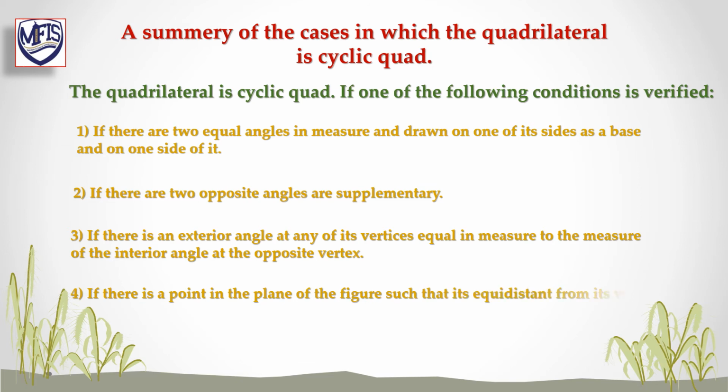The last condition: if there is a point in the plane of the figure that is equidistant from its vertices. Now, if I want to prove that any quadrilateral is cyclic quad, I'm looking for one condition only.